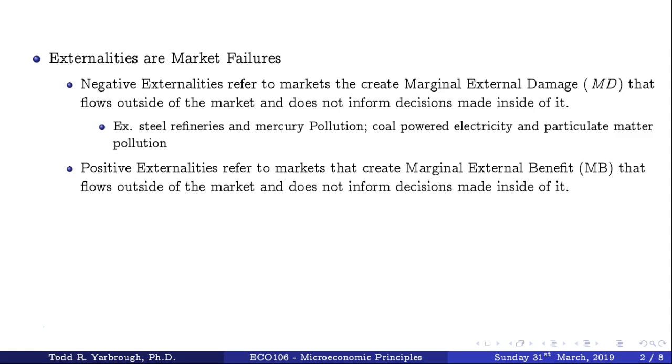Positive externalities refer to markets which create marginal external benefit. So this is sort of the opposite of damage flowing outside of markets. Examples of this would be flu shots. If I get my flu shot, it doesn't matter if someone who I simply happen to be close to gets a flu shot or not, that person benefits from my flu shot.